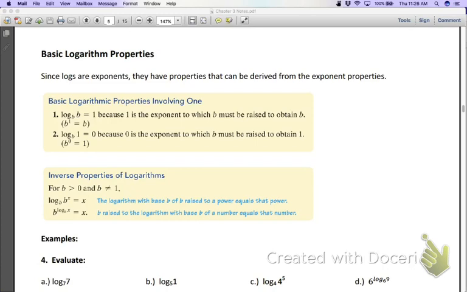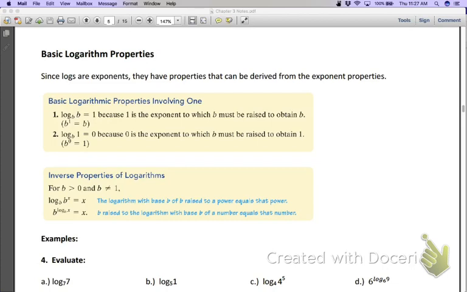If the base of your exponent and your of value is the same as your base, then it's just equal to whatever power that is. Vice versa, if it's log base b of 1, then it's always going to be equal to 0, because anything to the 0 power, we know, is 1.